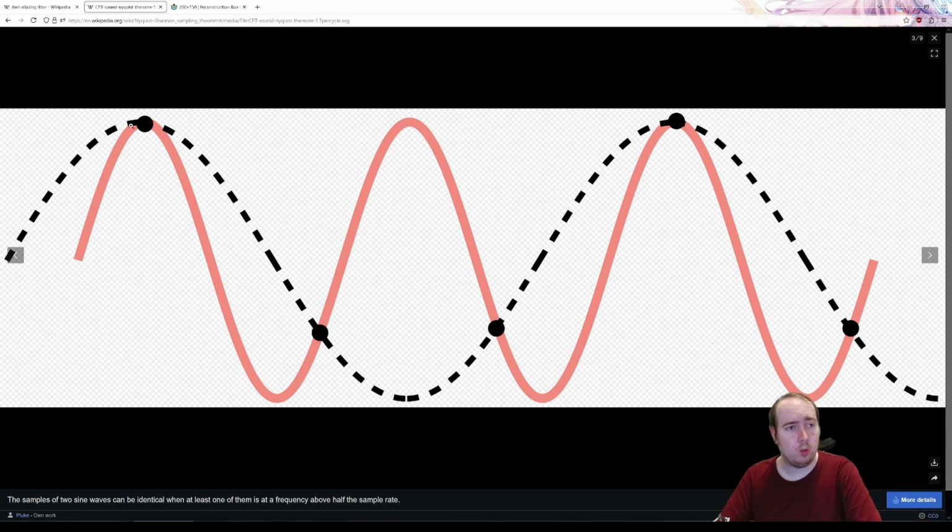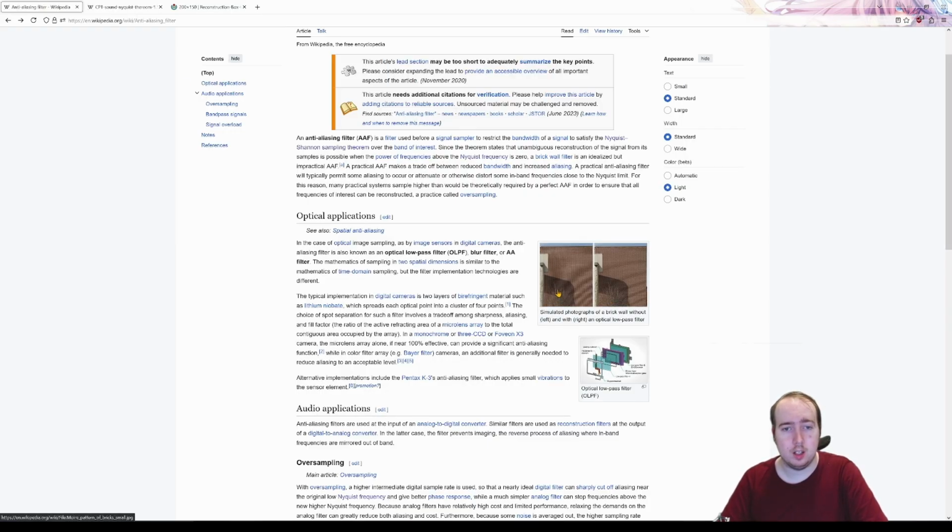So if we only look at the sampled points, if we don't see the red sine wave, it appears as if we are looking at a much lower frequency sine wave, and this lower frequency wave is exactly what we see here. And anti-aliasing is a method of getting rid of them.